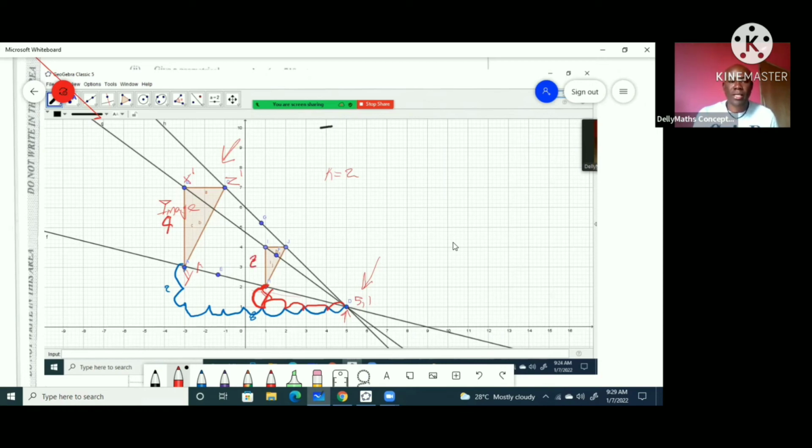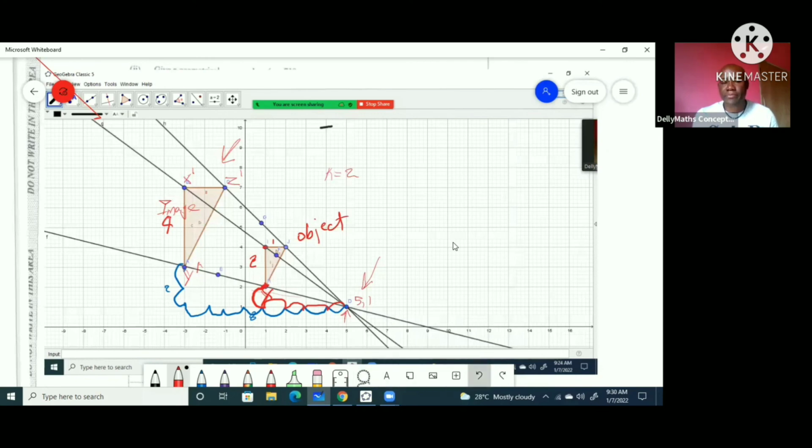So if I know the point Y that links to Y', and I see that this is 4, I could just count 2 and go up, 1, 2, and I'll get the next point here. And this that is 2, it's going to be 1. We're saying, okay, so this is my object right here.